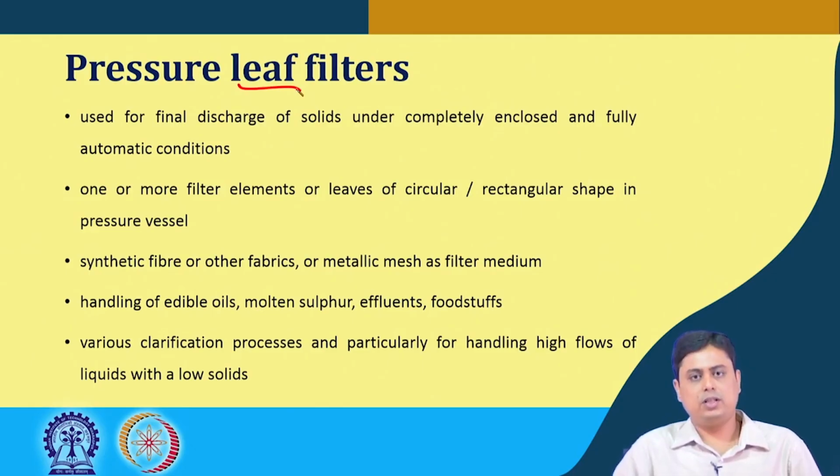The filter medium can be made of synthetic fiber, several different kinds of fibers, metallic mesh, etc. These are typically used in handling edible oils, molten sulfur, effluents, foodstuff, etc. These are used in various clarification processes and particularly in handling high flows of liquid with low solids.